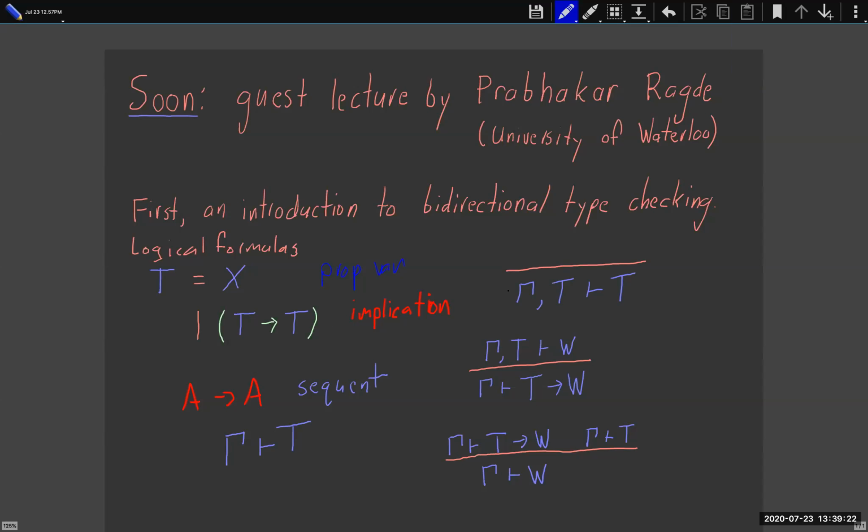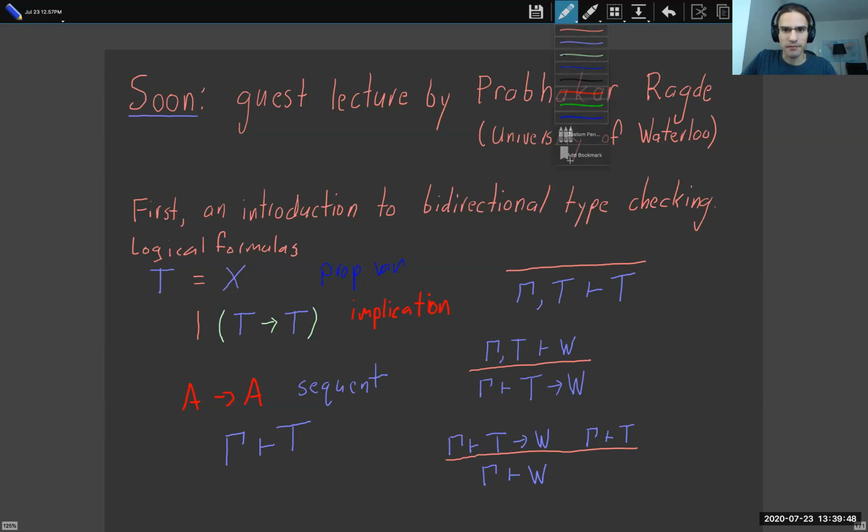No, I actually don't know where the word comes from, but you can think of it as, as you said, a way of saying something. It's like a logical statement, but it's a logical statement about the system. So it's a metalogical statement. Right. And the metalogical statement is that in a context gamma, T is provable. That's the meaning of this piece of syntax that's here at the bottom.